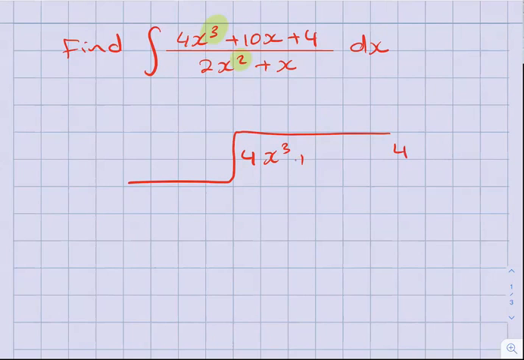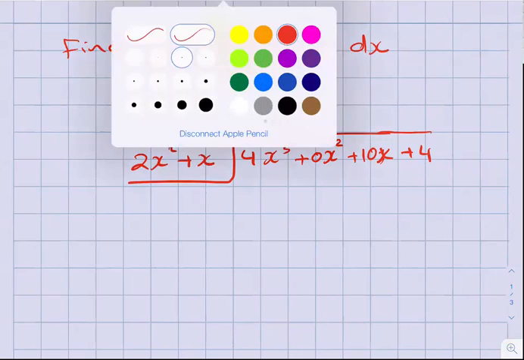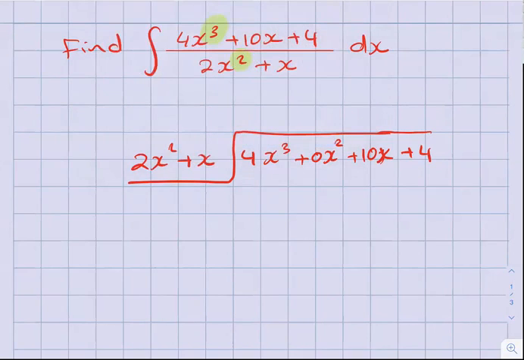Write it down as plus 0x squared, then plus 10x, and then plus 4. This is divided by 2x squared plus x. Is everyone remembering how to do the long division? Hopefully. I'll go through it now anyway.